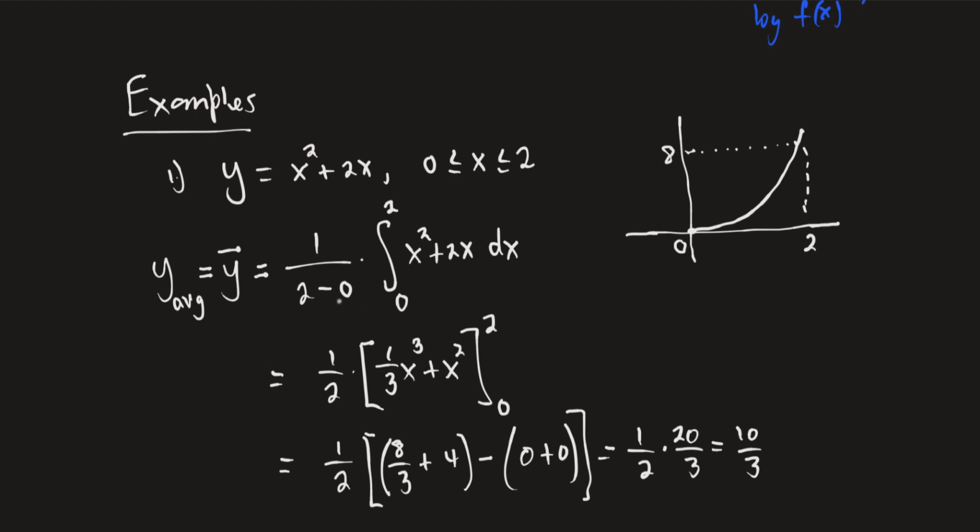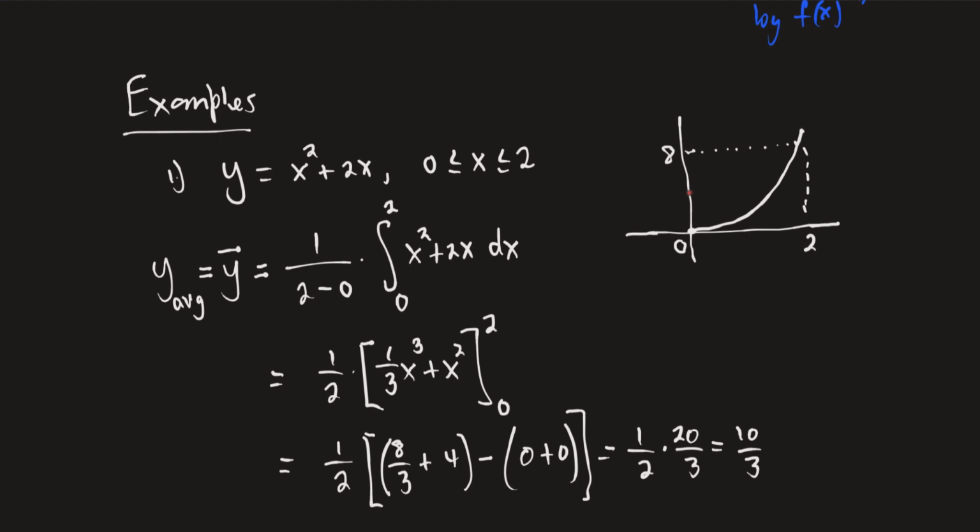If you draw the graph of the average, the average just comes out to be this constant. So if I were to graph the average, it would be a horizontal line because it's a constant, and the y value would be at 10/3. Now 10/3, that's 3 1/3, so it's not even quite halfway there.